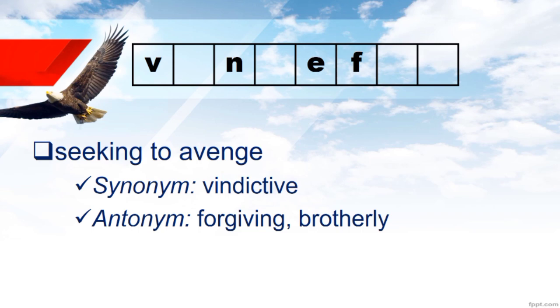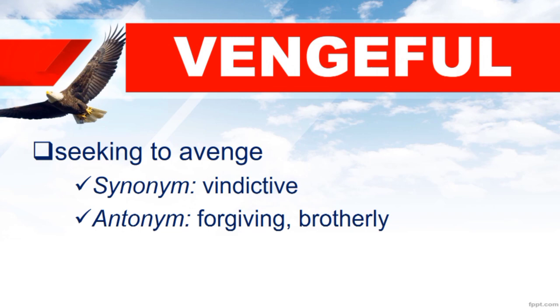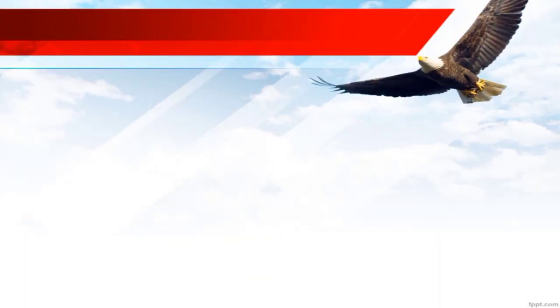And what do you think is the word? Very good. The word is vengeful. Amazing! You are now done with the activity. You have understood the words that you will soon encounter in the next learning journey.